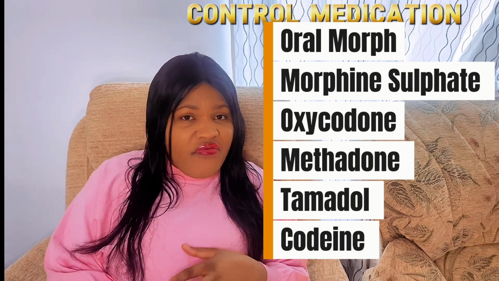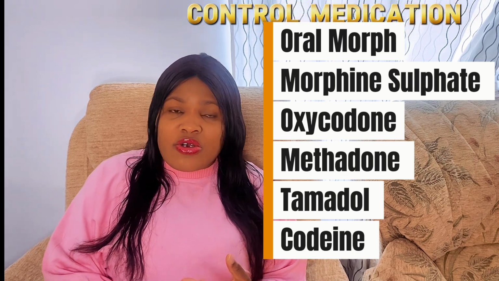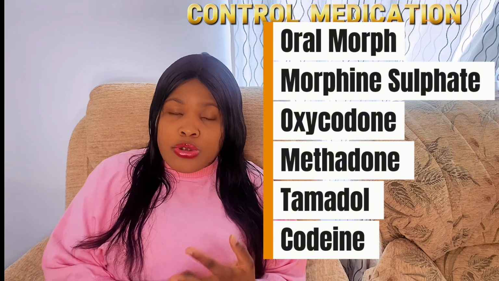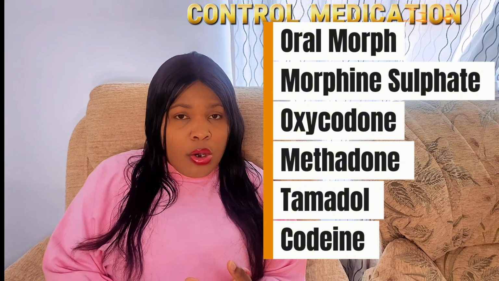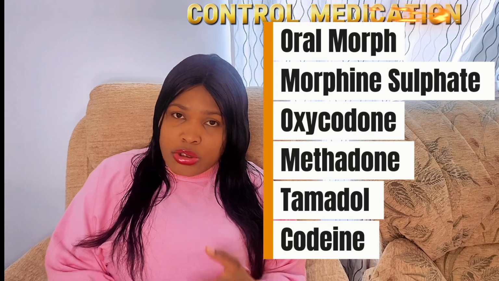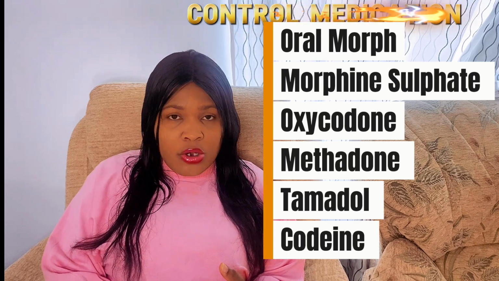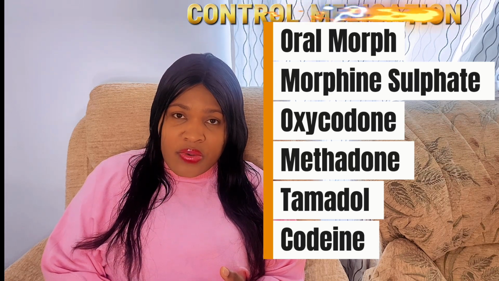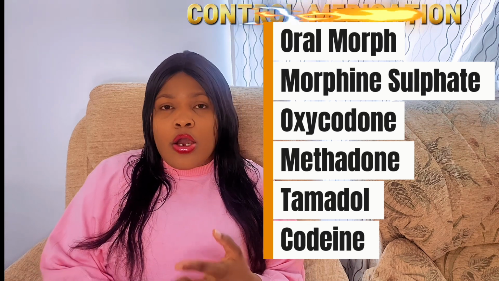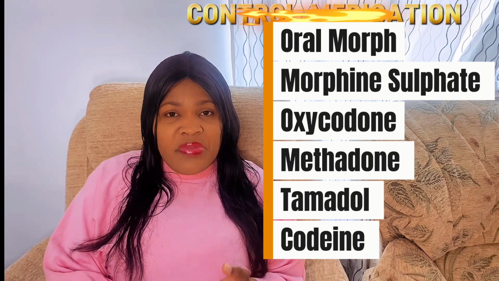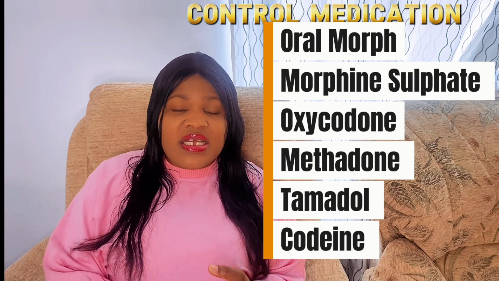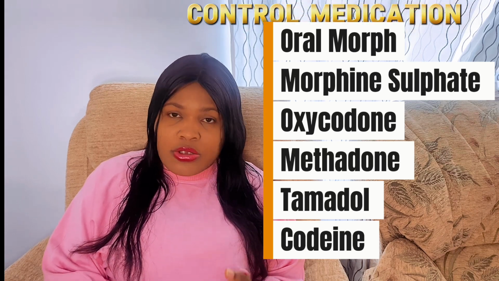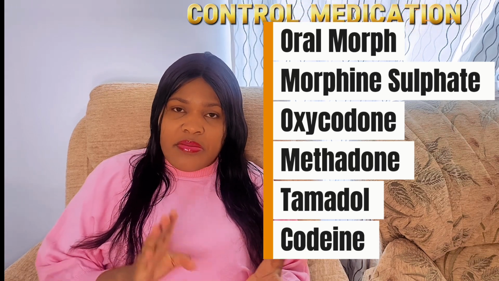And also morphine sulfate. Please, if you see it on your OSCE exam, do not administer it. Code it code 2 or 6, incorrect prescription. And then also methadone, please do not administer this medication.